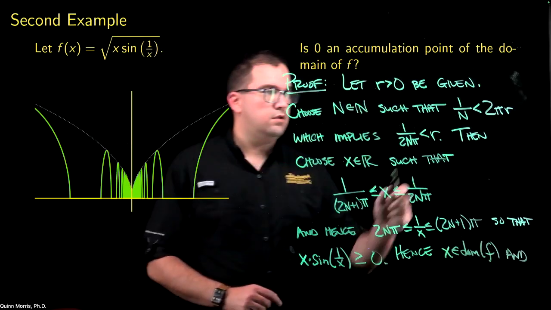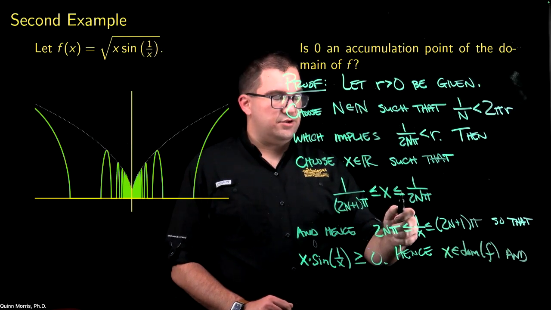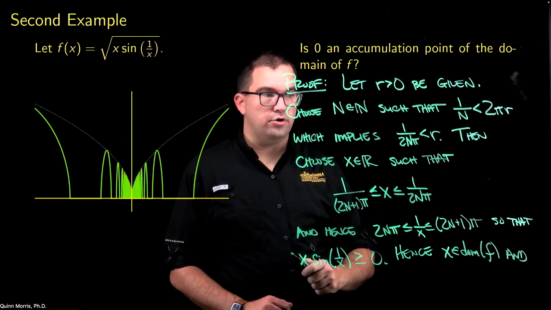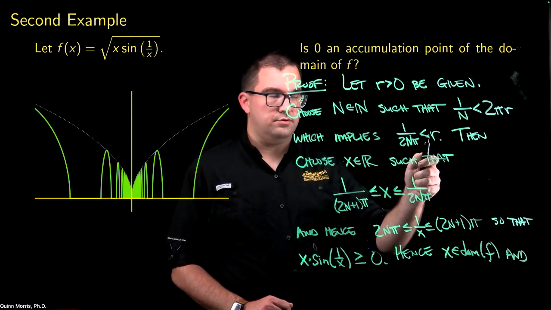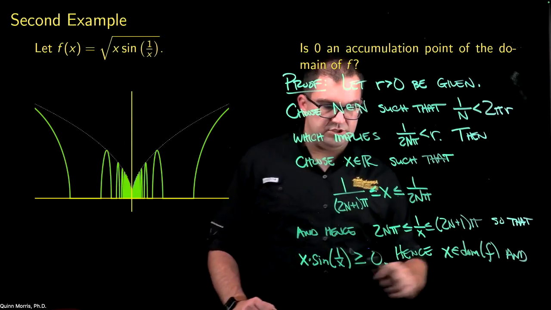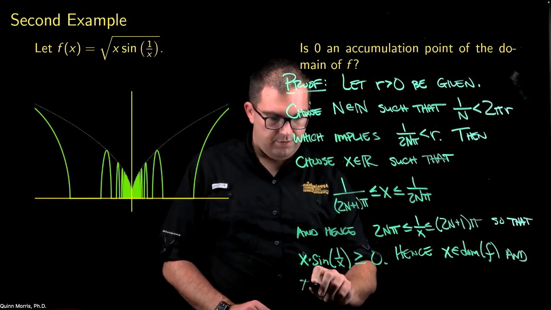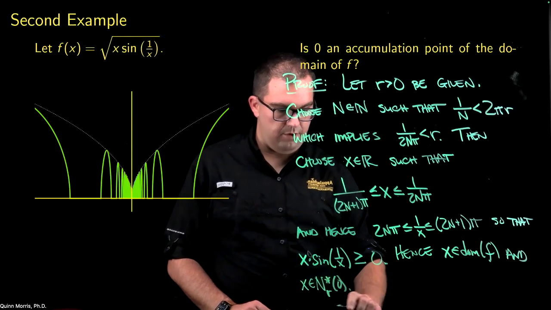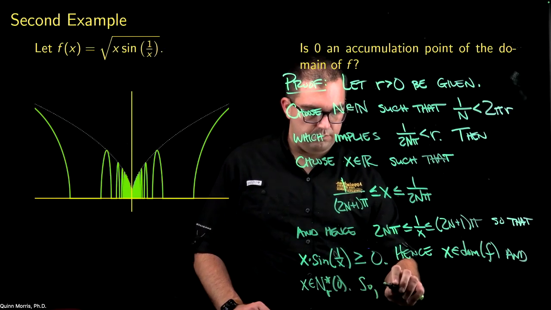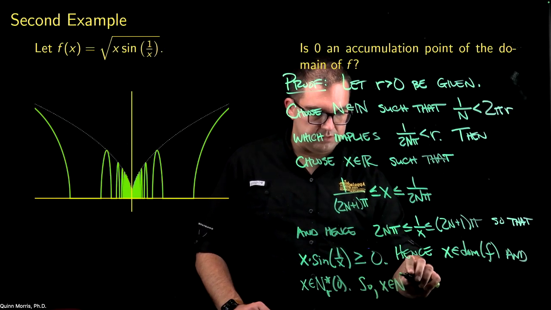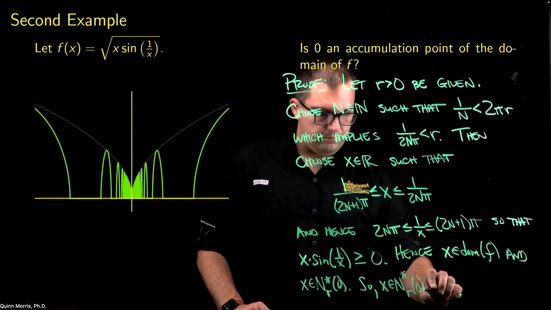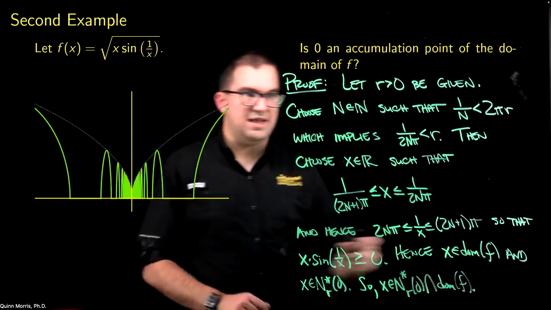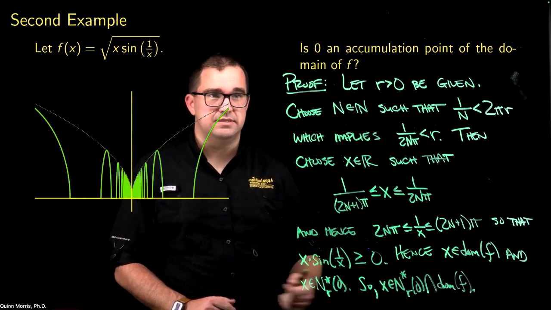And the fact that x is less than or equal to 1 over 2N pi, and 2N pi is less than r, tells me that x is less than r and greater than 0, which tells me that x is in the deleted neighborhood of radius r around 0. So x is in the intersection because it's in both. And hence, that's not the empty set.